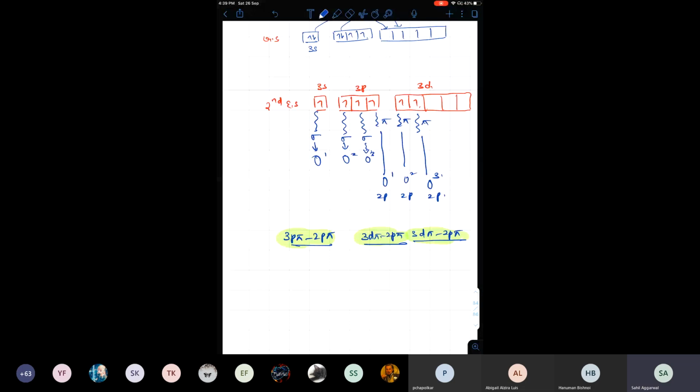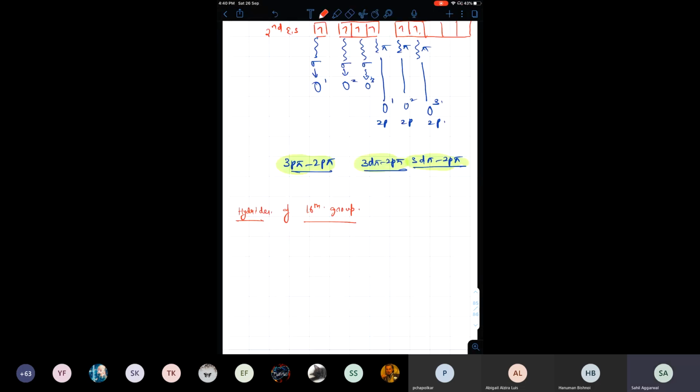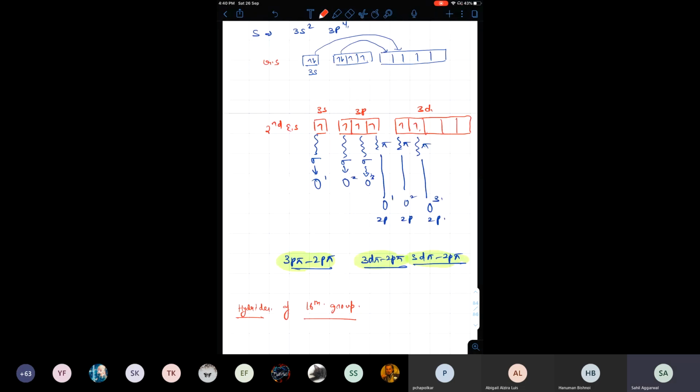So let's go to compounds. Sir, how is it 3d pi and 2p pi for the last one? Pooja, this is the d orbital.